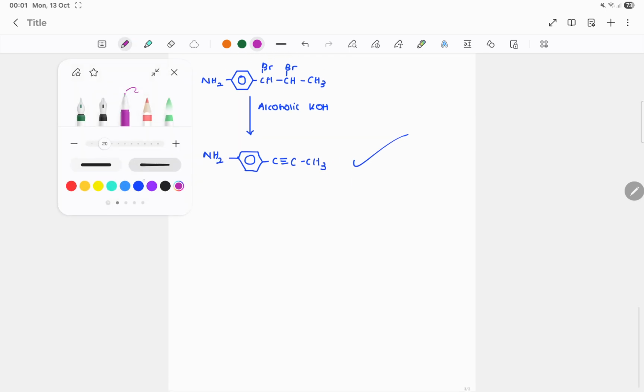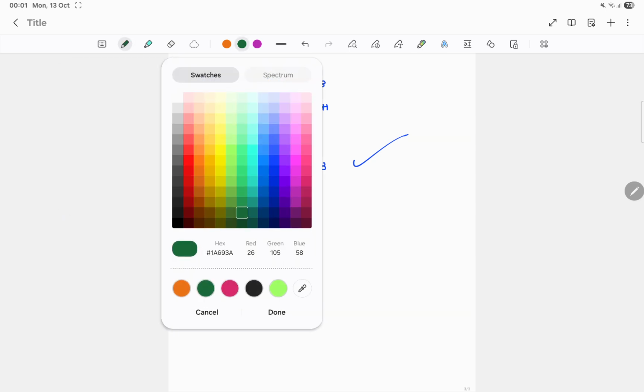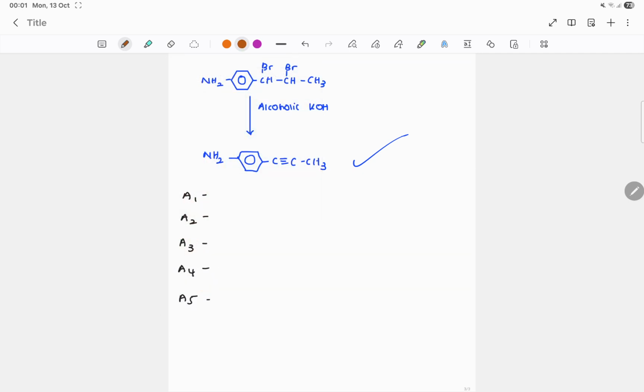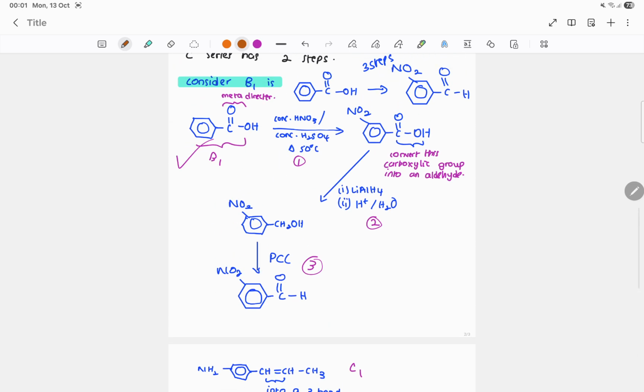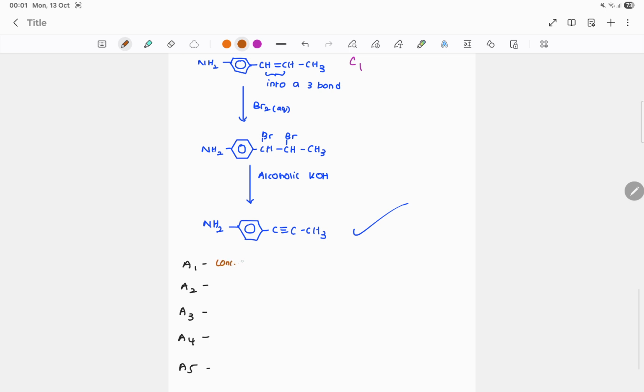So how will the answers be made? Identify A1, A2, A3, A4, A5. A1 will be B1 to this one, then conc HNO3, conc H2SO4.